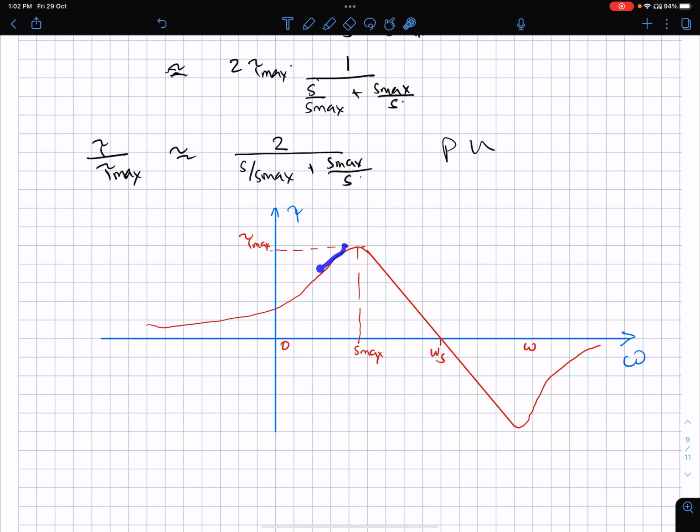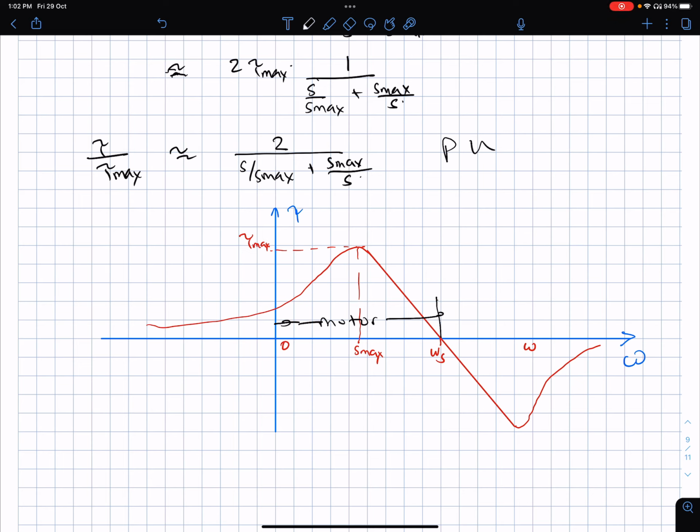So you will get a reciprocal curve, and somewhere they have to meet nicely and give a torque speed characteristic like this. This part, from here to here, is your motor characteristic.